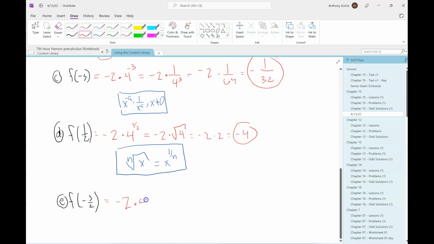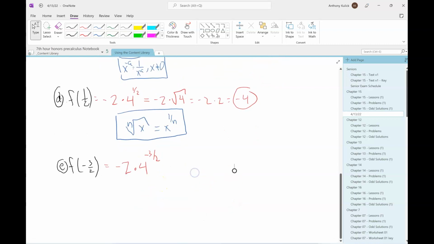Okay, our last example here, -3/2. So the trick here that I'm going to use is I'm going to think about -3/2 as -3 times 1/2.